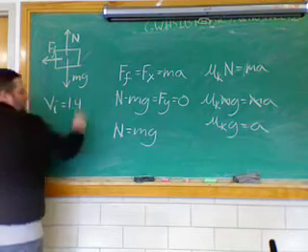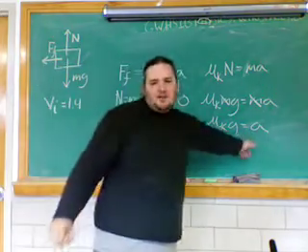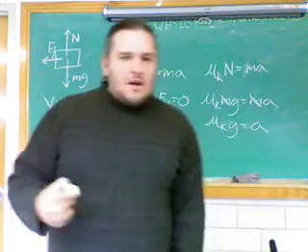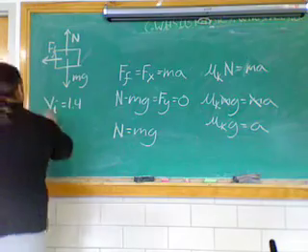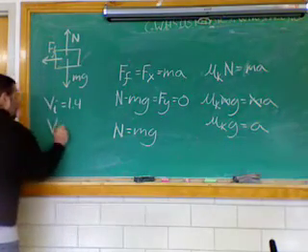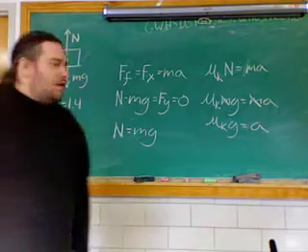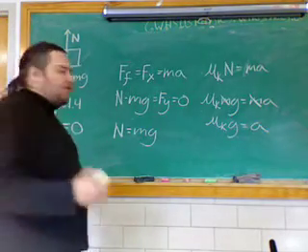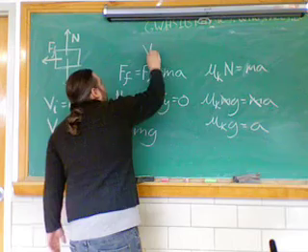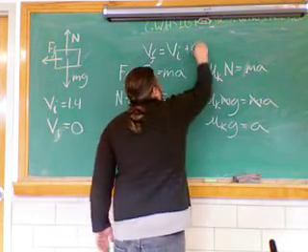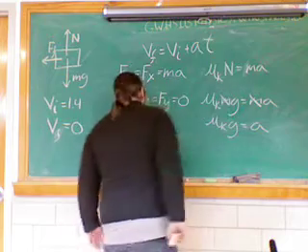If I want to solve for the amount of time it takes to stop, I know my final velocity is equal to 0. So using my old kinematics equation, v final equals v initial plus my acceleration times time, we're going to use that to solve for time.